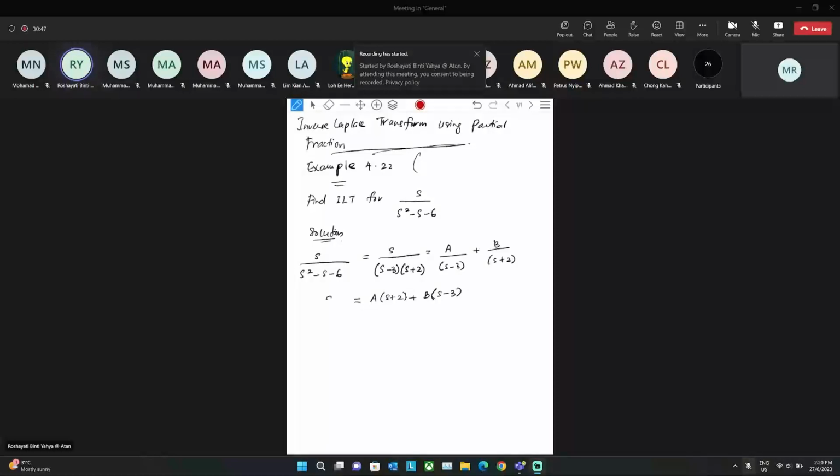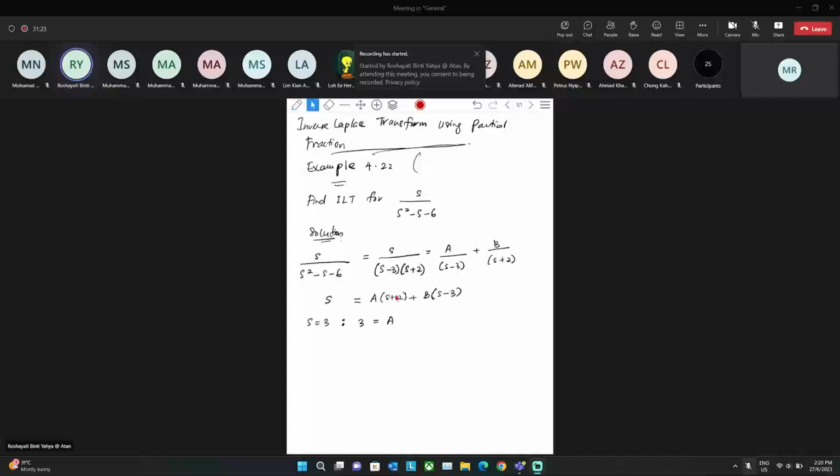Here is s. So for example, s equal to 3, to make B equal to 0. With s equal to 3, 3 equals A times 3 plus 2.